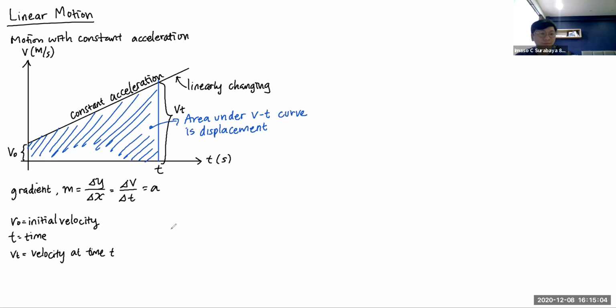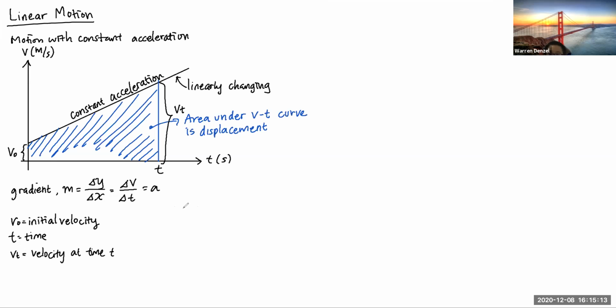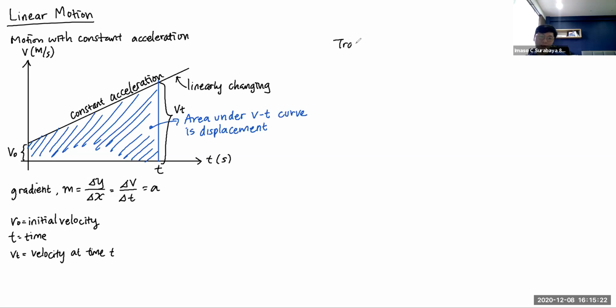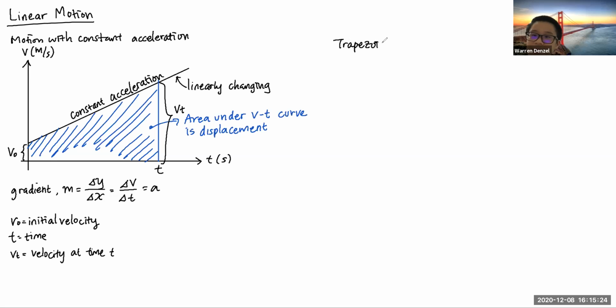Then we can find the area under this curve. What kind of shape is that? In this case, it's a trapezoid, and the trapezoid is the displacement.